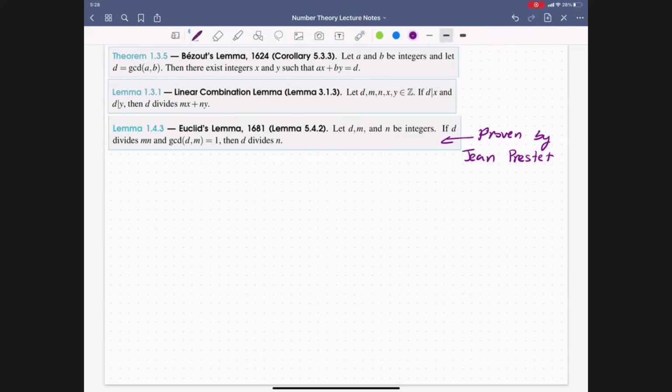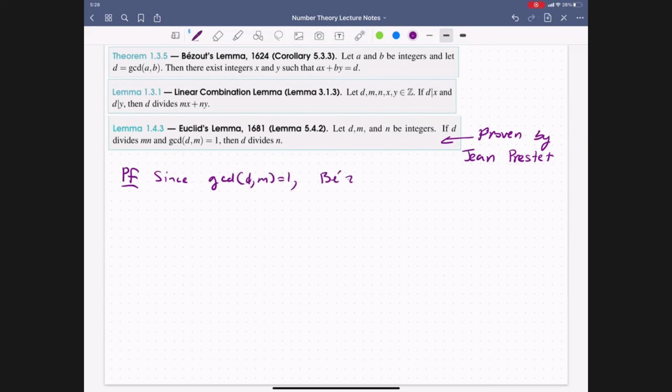So what it says is d, m, and n are integers. If d divides m times n, and d and m are relatively prime, then d divides n. So let's prove it. For the proof, let's use the fact that the GCD of d and m is equal to 1.